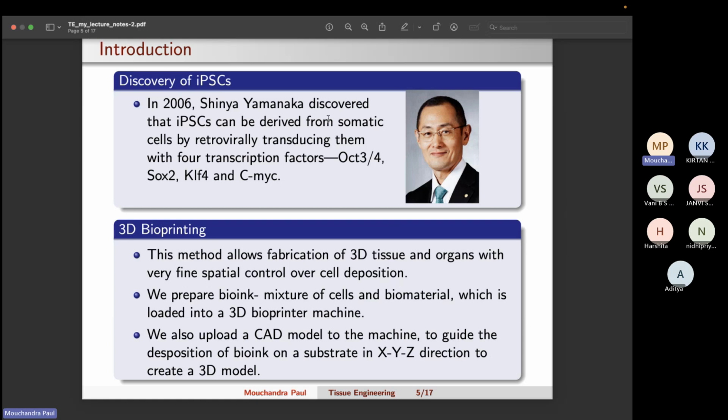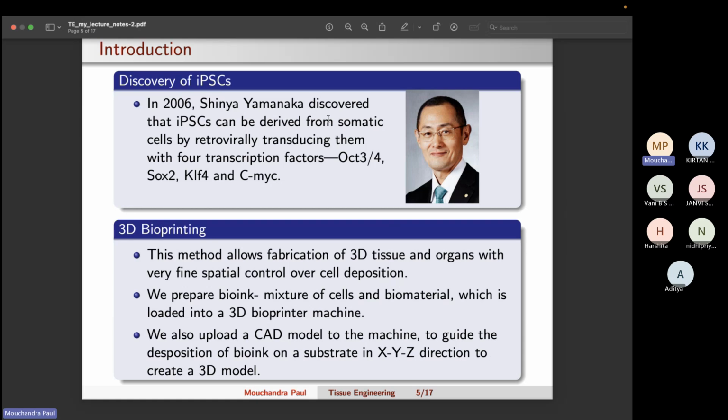So this 3D bioprinting is a type of 3D printing, and the only difference is you are going to use this method to create organs, okay, to create tissues using a particular type of cell, a biomaterial, and in several cases, you can add some bioactive factors. So these three things are the pillars of a tissue, right?